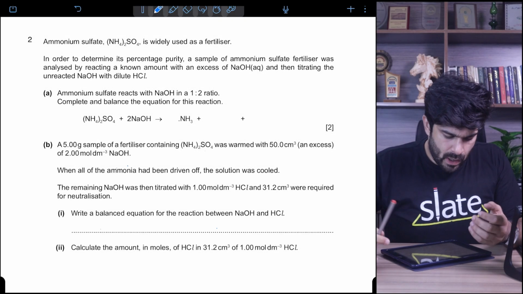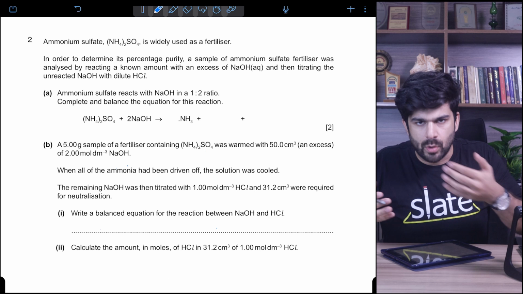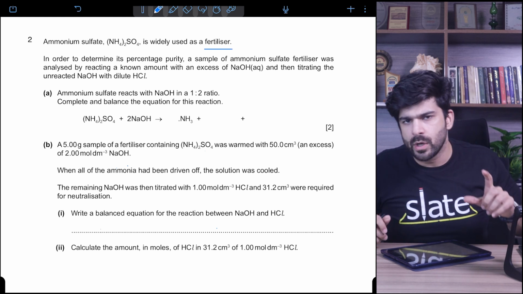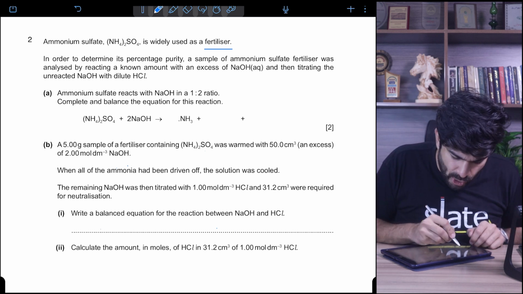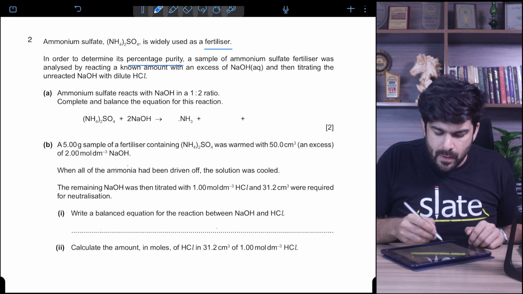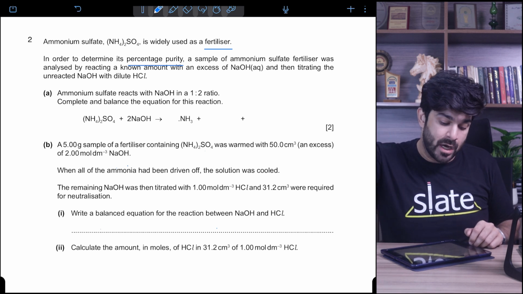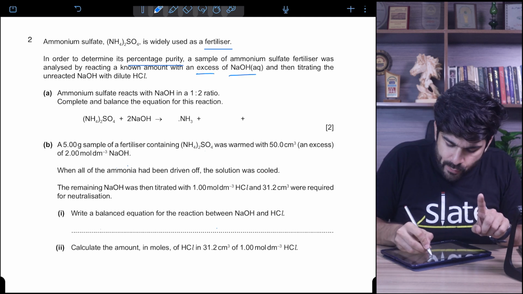In this question, we have ammonium sulfate, which is (NH4)2SO4, widely used as a fertilizer. Now this is what they do in the question of stoichiometry. Extensive stories. In order to determine the percentage purity, we'll just discuss it. A sample of ammonium sulfate fertilizer was analyzed by reacting a known amount with an excess of NaOH.